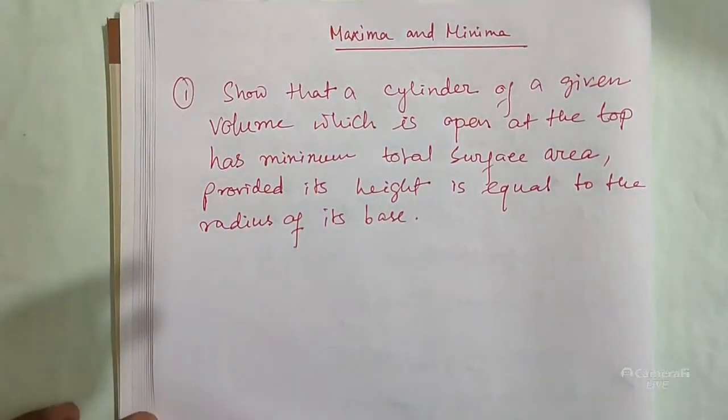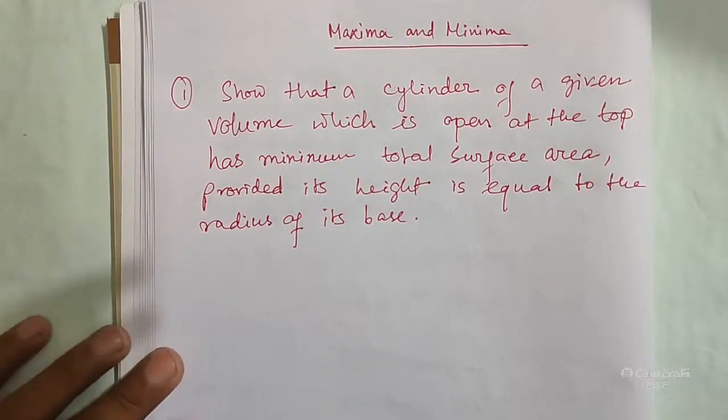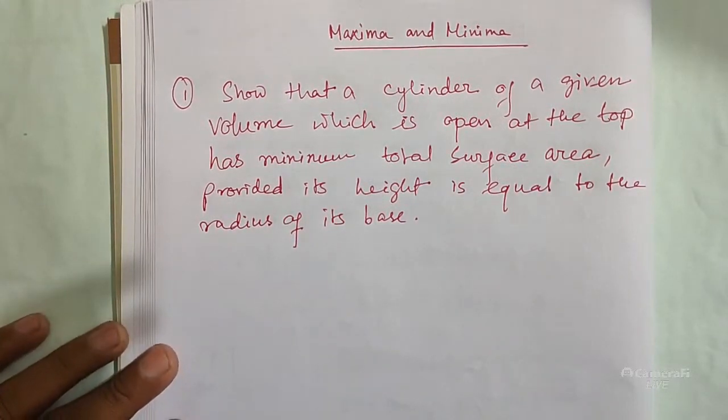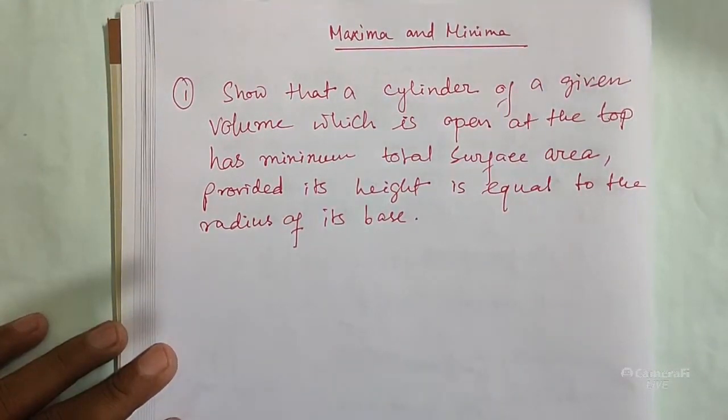This is the question. That means this total surface area you have to show is minimum, and the height is given equal to the radius of the base.